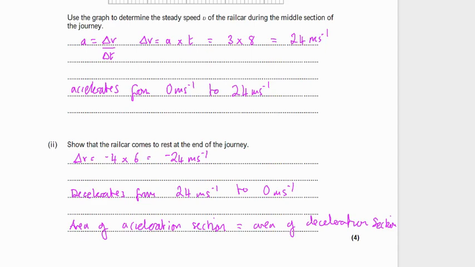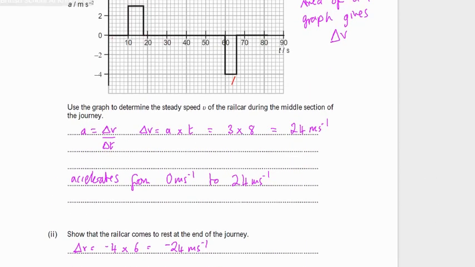Okay, now we can also look at the fact that what we've actually done is we worked out the acceleration times the time, which is the area of this rectangle. So the time is horizontal, the acceleration is vertical. We essentially worked out the area.